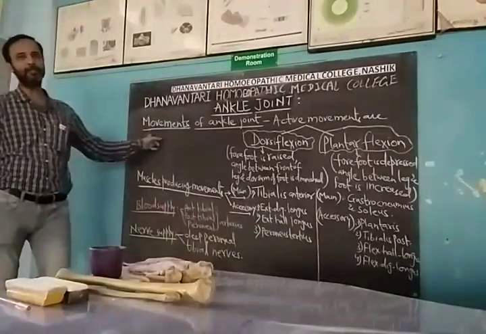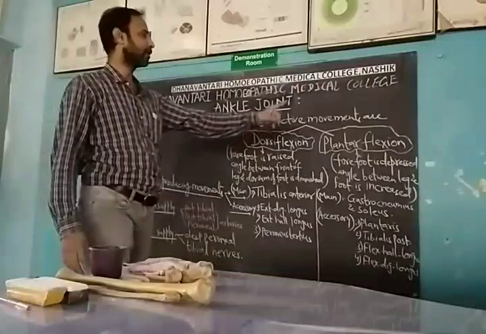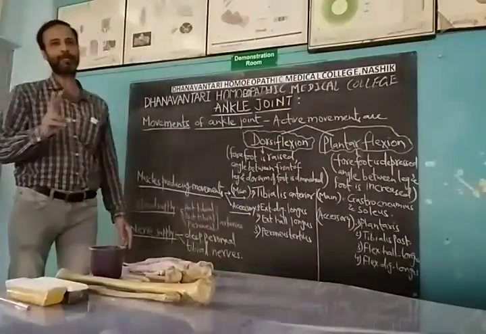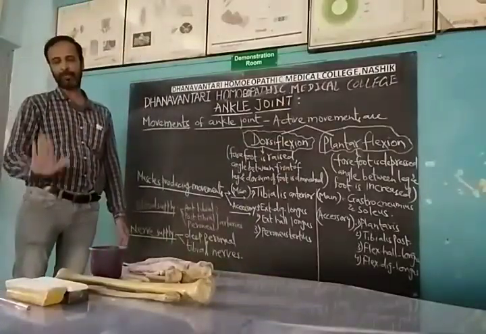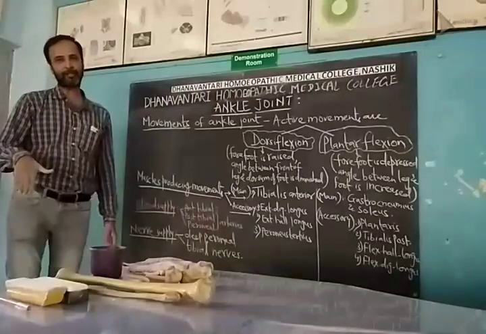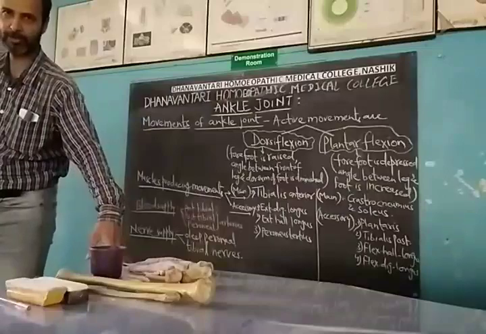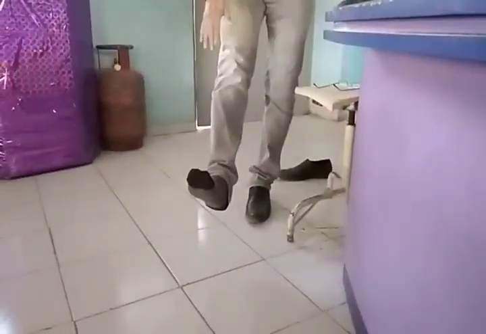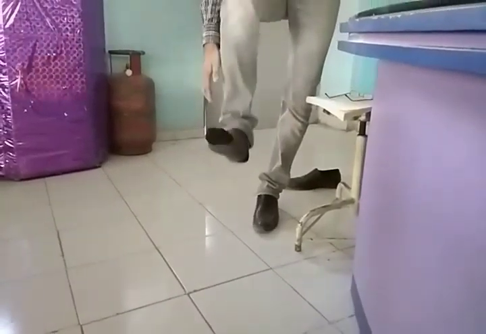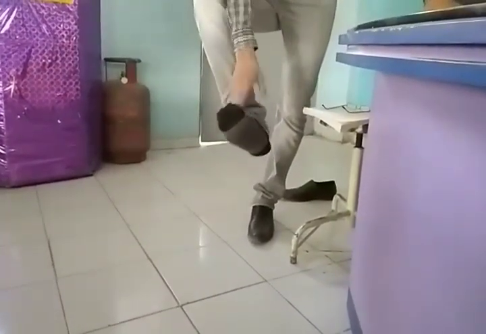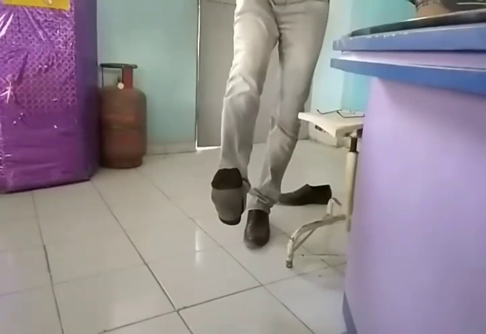Next part we are learning is movement. So movements at the ankle are two: dorsiflexion and plantar flexion. We can see here on this leg. This is dorsiflexion at the ankle. Dorsi means raising the foot up.